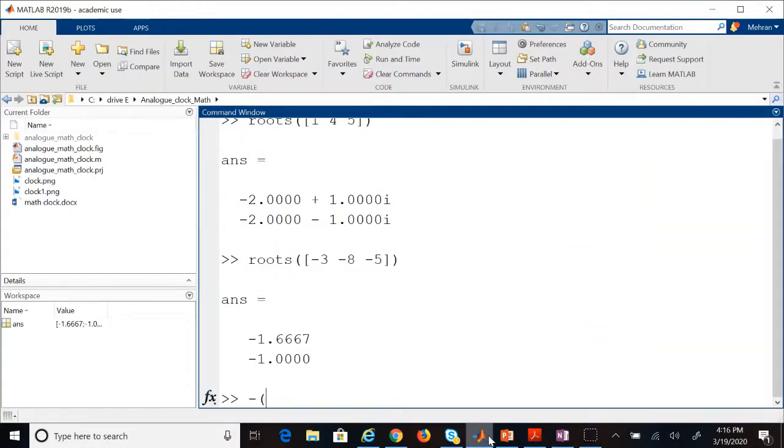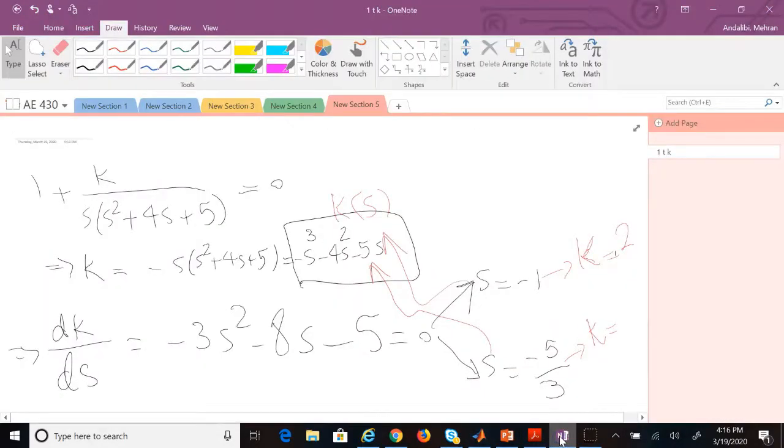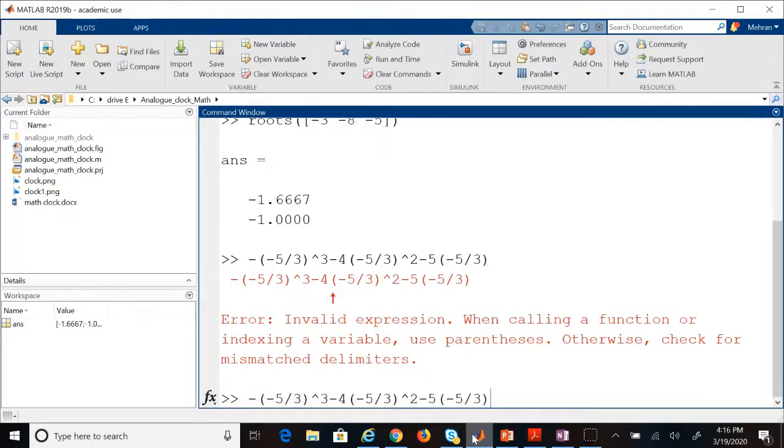negative 5 over 3 cubed, then negative 4 times that number squared, and negative 5 times that number, right? If you do that, I think I messed up somewhere.